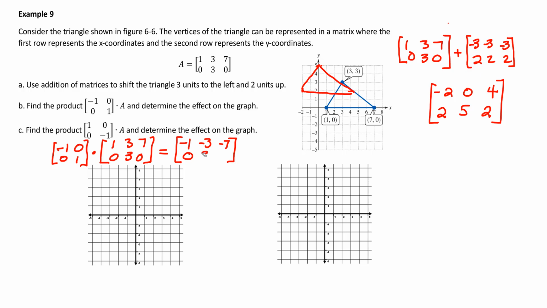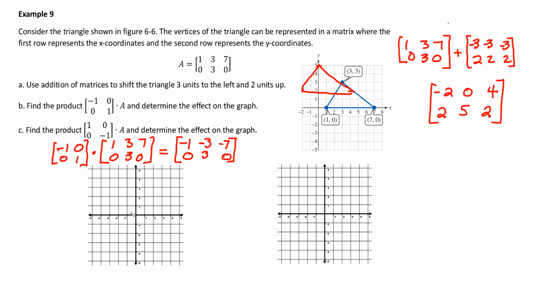So we have 3. We go across again, 0, 1, down the third column, 7, 0. So 0 times 7 is 0, 1 times 0 is 0. So that's just 0. Our new triangle has these coordinates: -1, 0, -3, 3, and -7, 0.